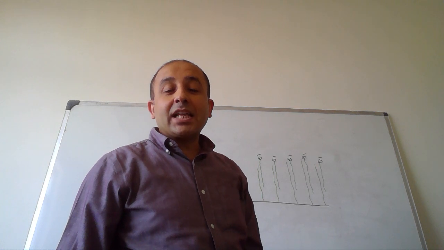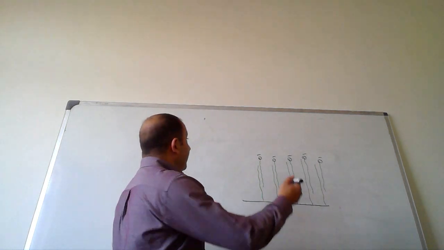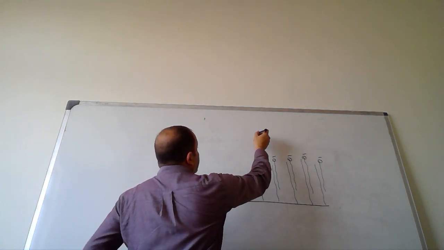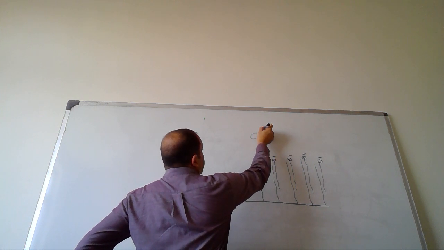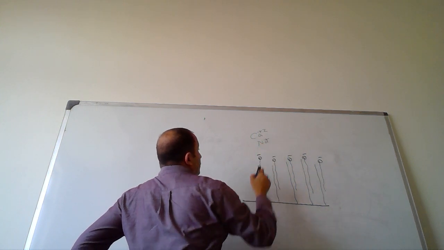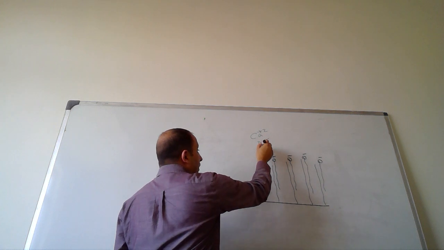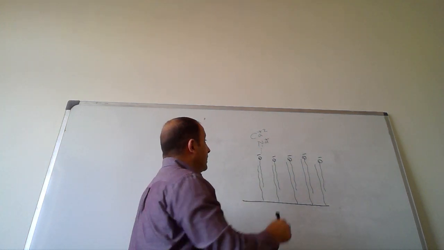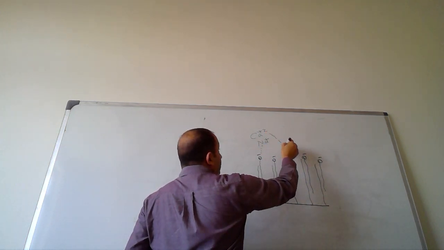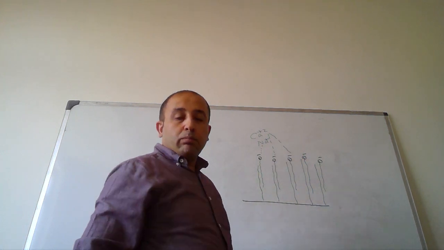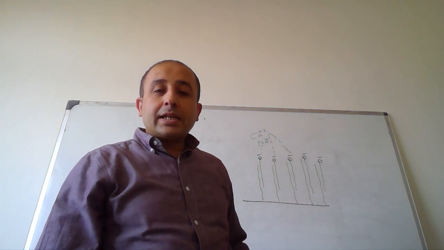The second mechanism is cationic exchange. So if we have two cations, to take a simple example, calcium and sodium, sodium will interact with O minus here, and calcium will interact via two bonds with sulfonate head.